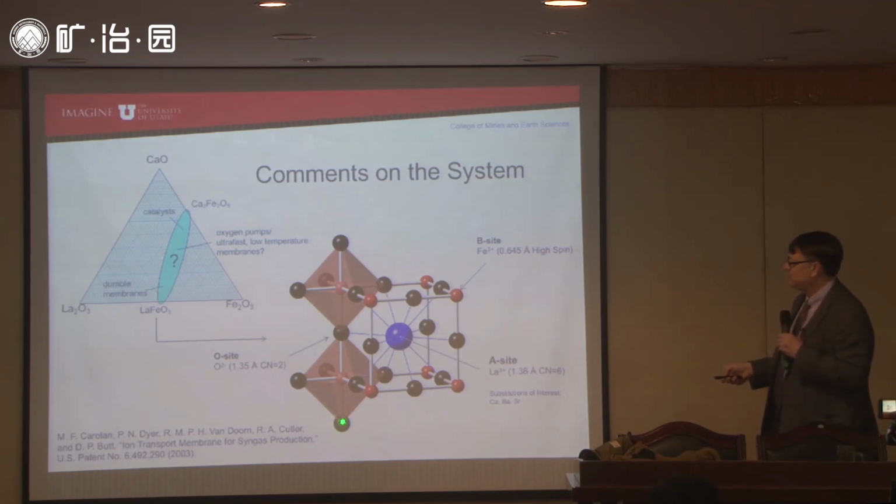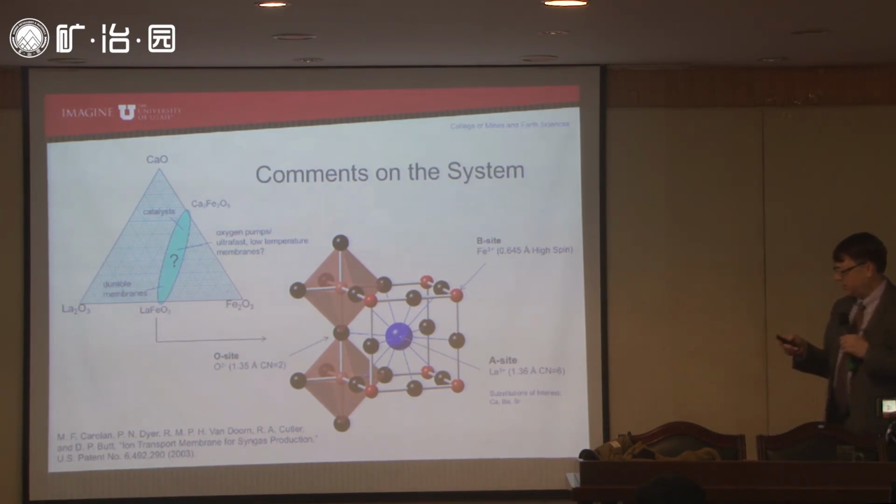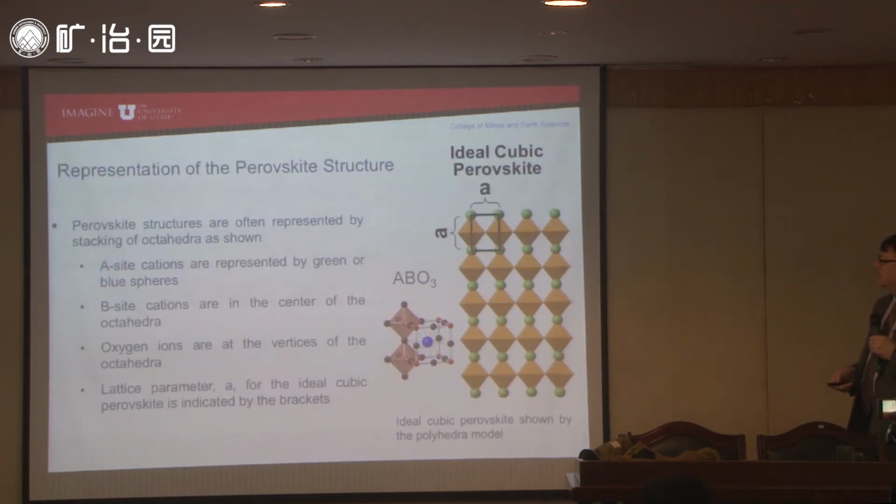In the case of the polyhedra, you'll notice that the oxygen atoms are located at the corners of the octahedra. The iron atom is in the center, and the A site cations tend to be on the interstices. And I'll show you another way to look at it in the next slide.